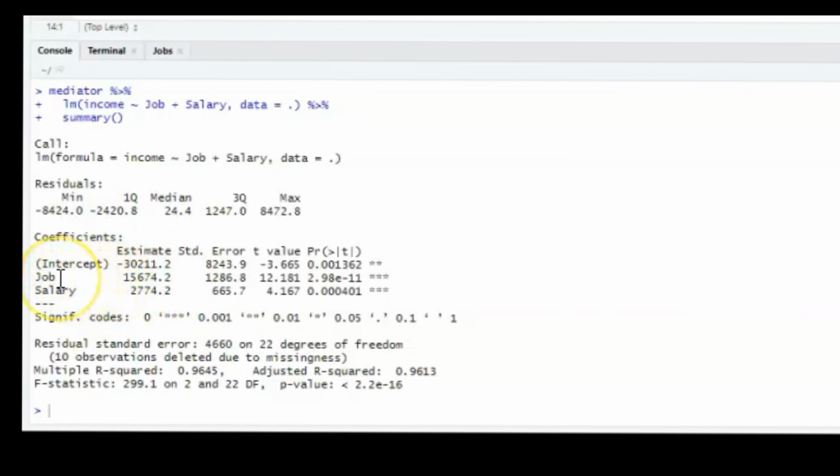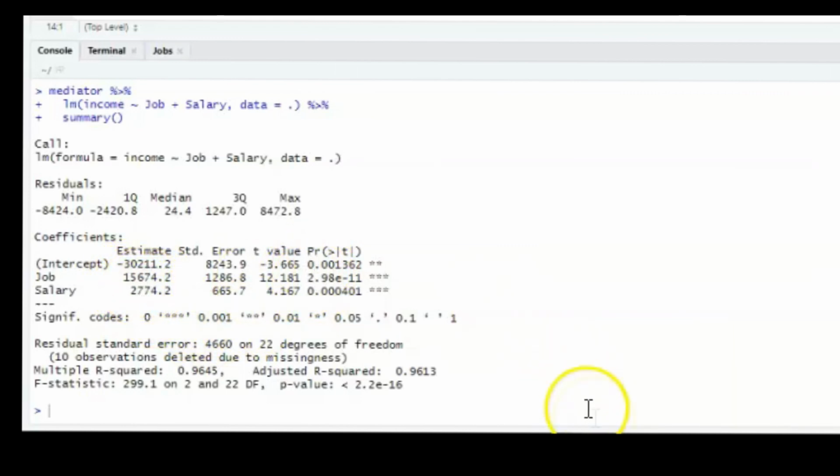So if job increases with 1, then income increases with 15,674. And salary, being the mediator, has an effect of 2,774. So if your salary increases with €1 per hour, your income increases with 2,774. Both those were significant, so you can say that they are true significant effects.